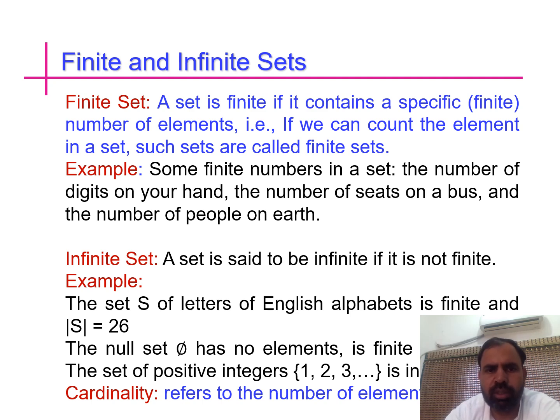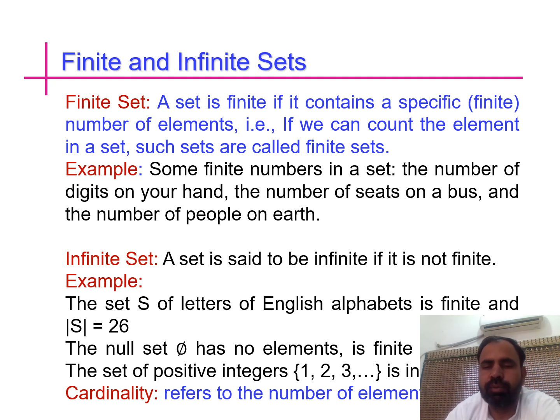For example, the set S of letters in the alphabet is finite and the number is 26. Infinite sets: the set of positive integers is infinite, 1, 2, 3 continue. So this is infinite. The number of hairs on a head is also a finite set, not an infinite set.